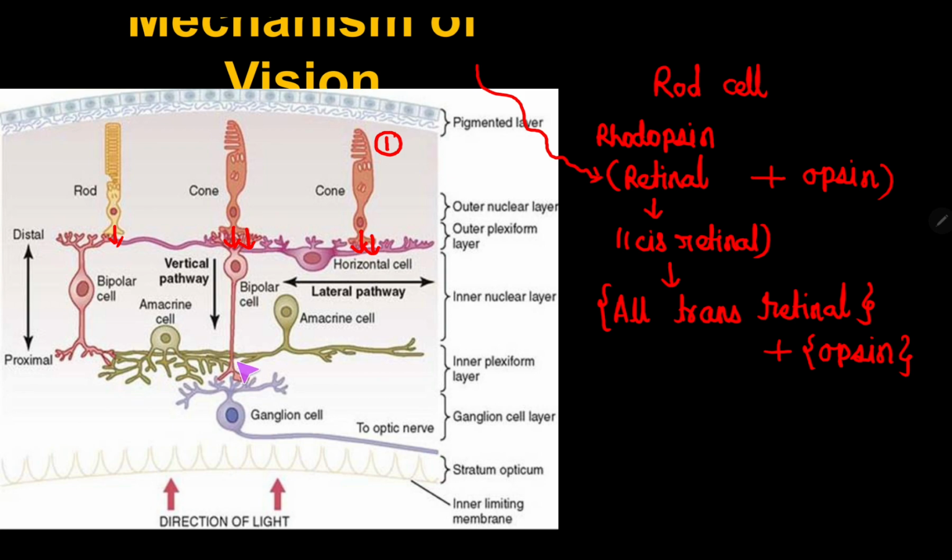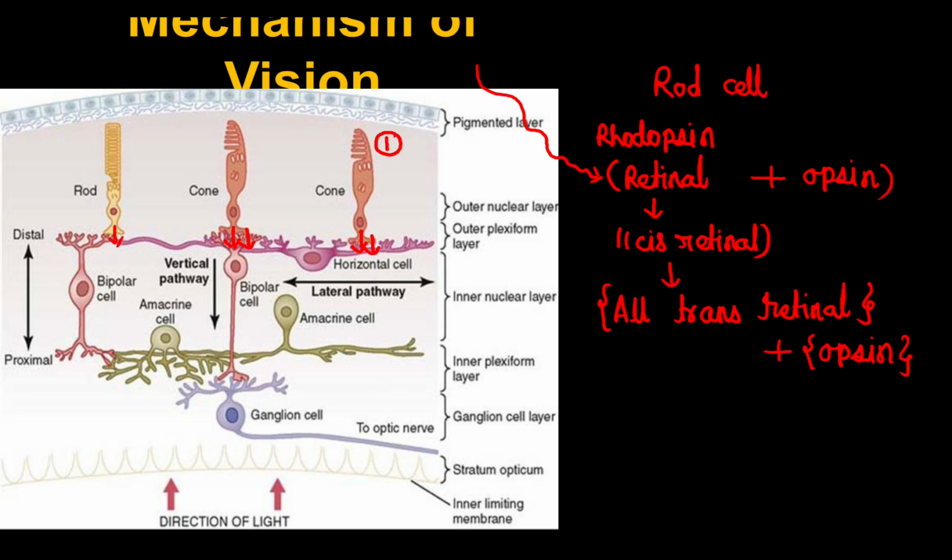From the bipolar neuron, it is not exactly an action potential; that is something we call the EPSP. Actually it is a receptor potential, or we also call it a graded potential. So receptor potential and graded potential will be generated.